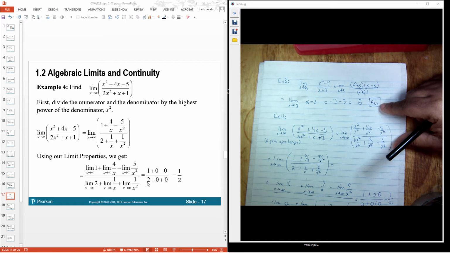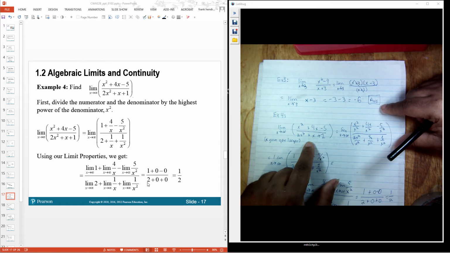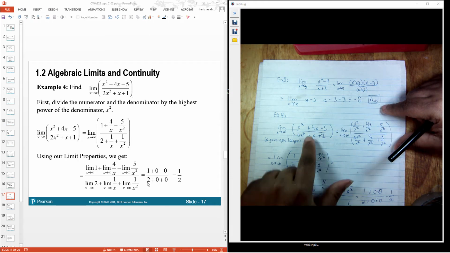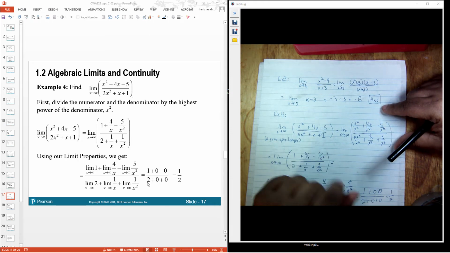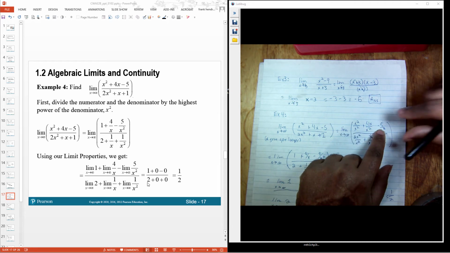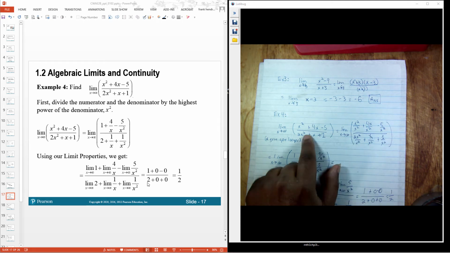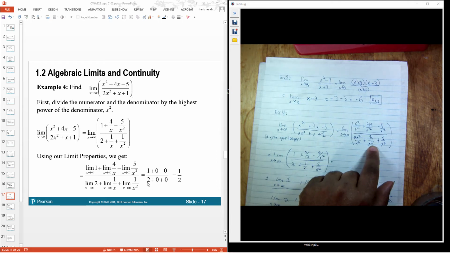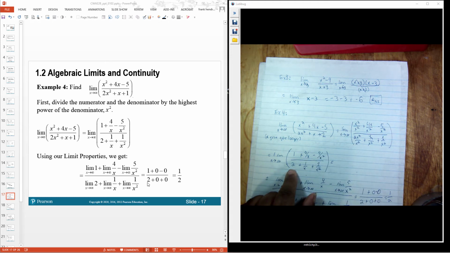Number 4. In this case here, we have variables in the numerator and denominator here. It doesn't factor easily. So I divide by the highest power, x squared, and it simplifies. That's right there.